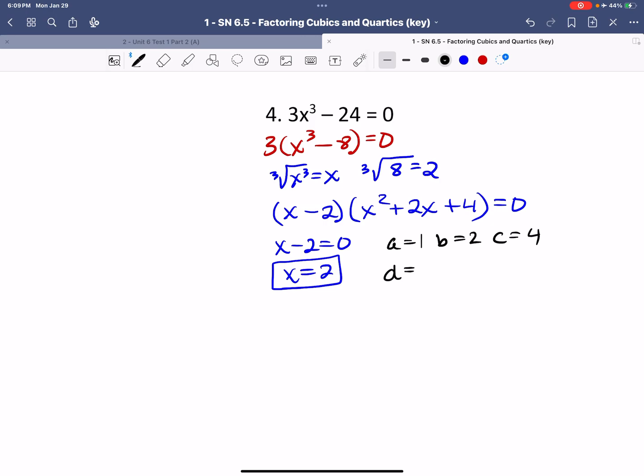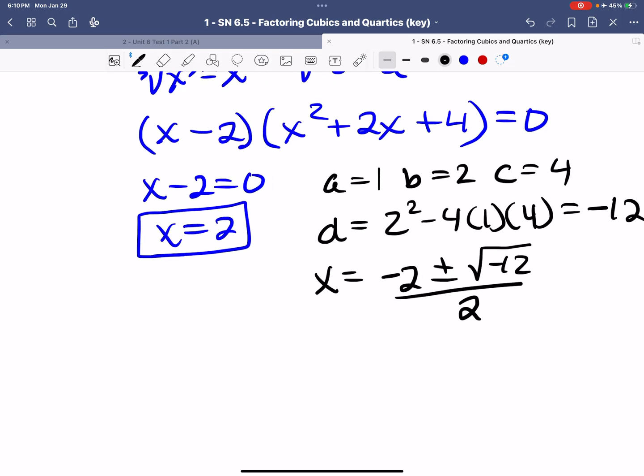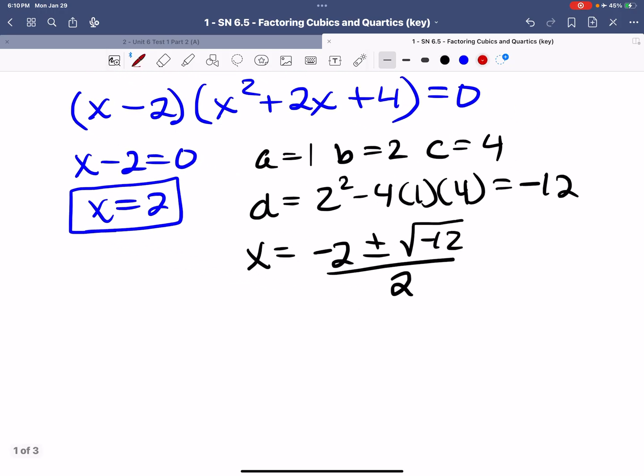First, the discriminant is 2 squared minus 4 times 1 times 4. So that's going to be 4 minus 16, which is negative 12. So x is equal to negative b plus or minus the square root of negative 12 all over 2a, which is 2.